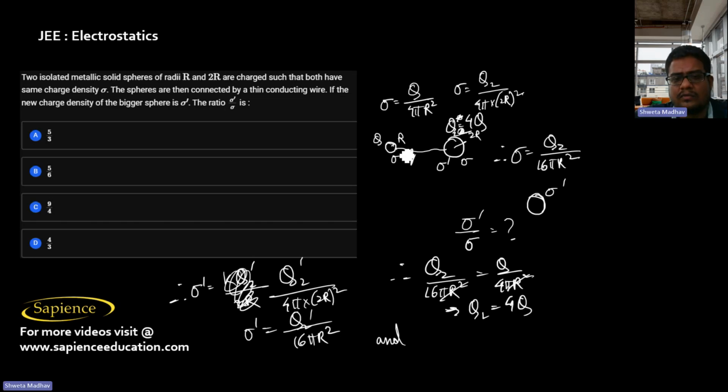Charge q will flow from the smaller sphere to the larger sphere so that their potential is the same.